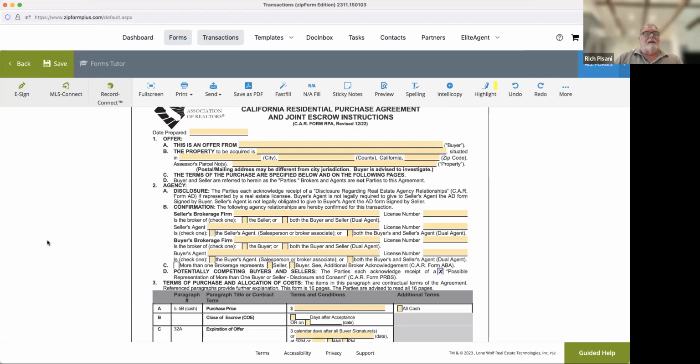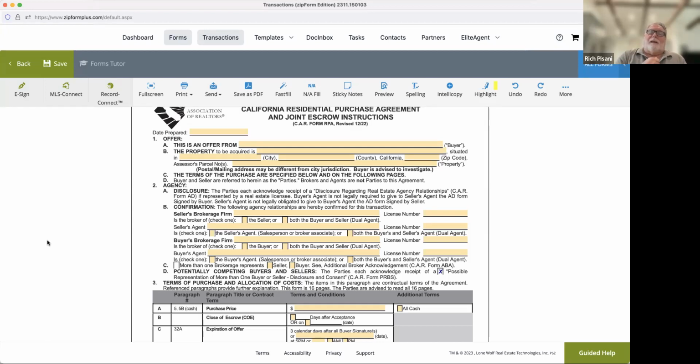So a listing agent from Calabasas and a buyer's agent from West Side, that is not dual agency. Those are separate agencies and separate brokerages. So it's important to know that.